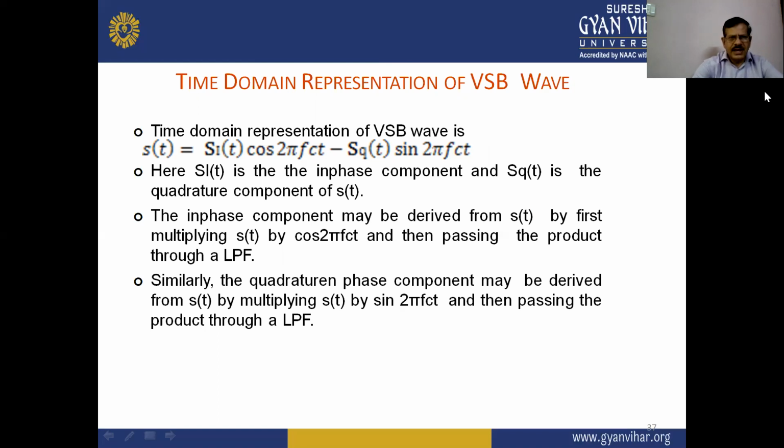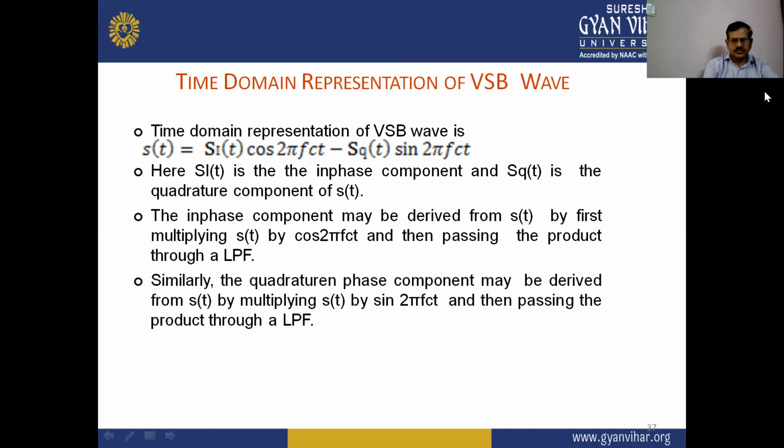Here s_I(t) is the in-phase component and s_Q(t) is the quadrature component of s(t), the VSB signal. The in-phase component may be derived from s(t) by first multiplying s(t) by cos 2 pi f_c t and then passing the product through the low pass filter.